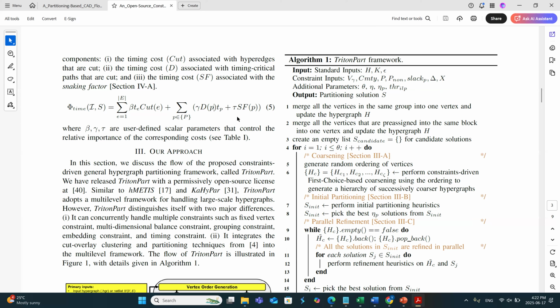They have this snaking factor, which is basically how many times you come back into the same partition. I think that's just because of the way they define the cutting of a path, as a 0-1 thing of did I cut the path or not? And you'd really like to know how many times I cut the path. And that's where the snaking factor comes in.